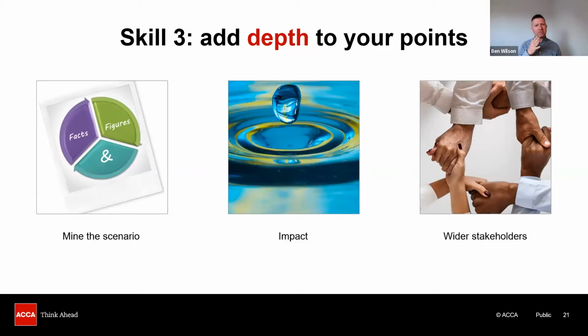But I'm thinking about how does it impact not just the here and now, but how does it have wider impact and wider context? A really effective technique for adding depth to my point is to talk about how it impacts another party, another group. That also, thinking about other people, helps me to generate more ideas.